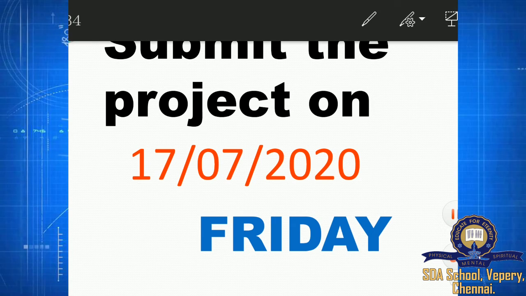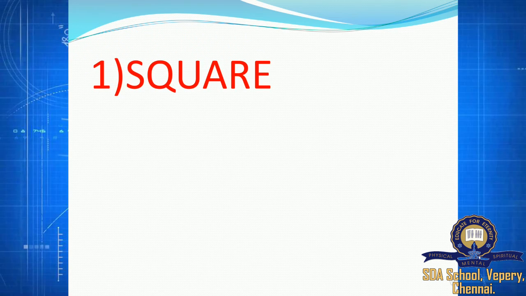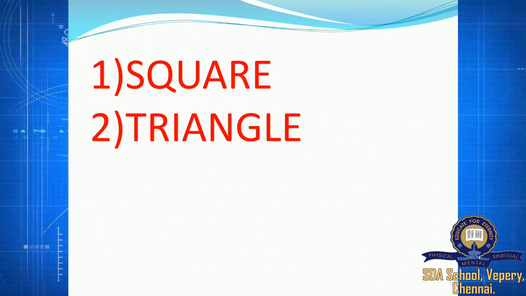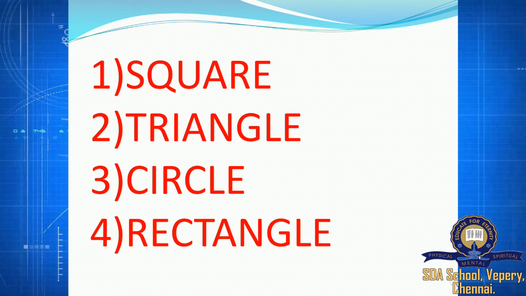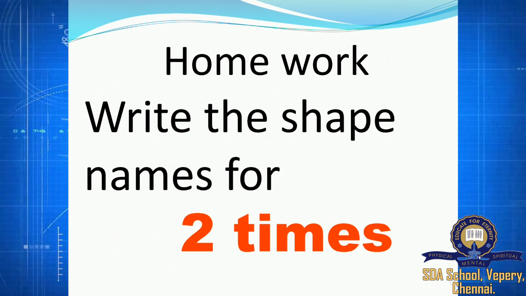Next, what is the homework for this session? The homework is to write the spelling of the square, triangle, circle and rectangle 2 times. The homework of this session is to write the shapes' names 2 times.